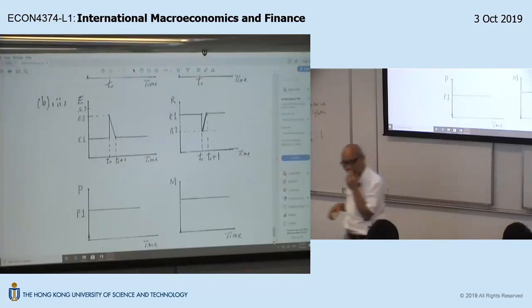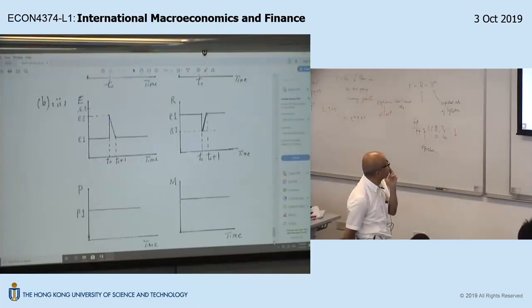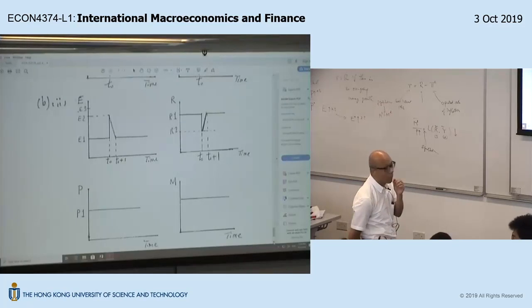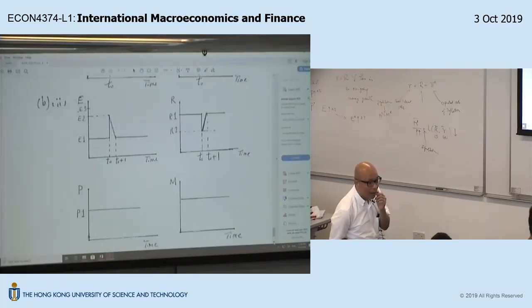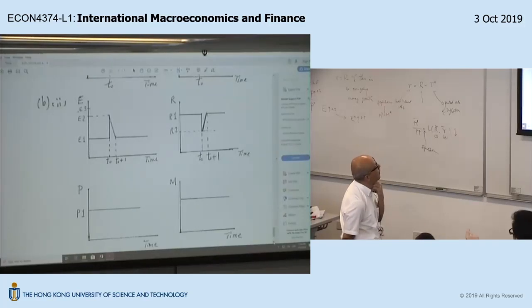I also have a question about the graph. I guess the line between E1 and E2 should be a dash line, not a solid one, because in the slide it's a dash line.